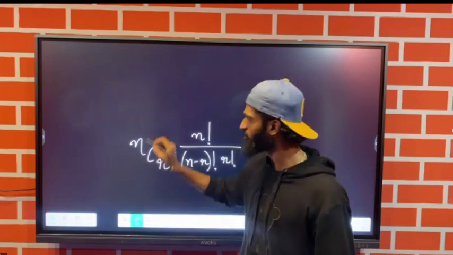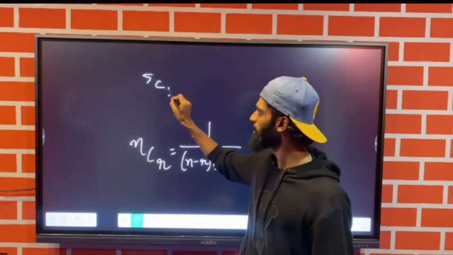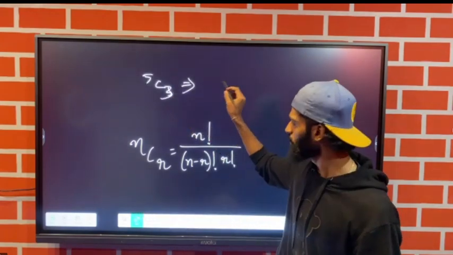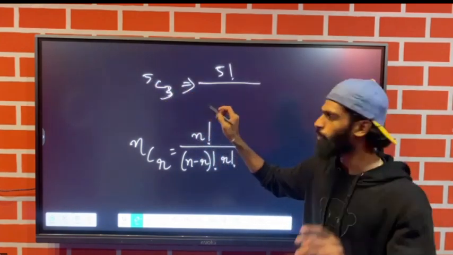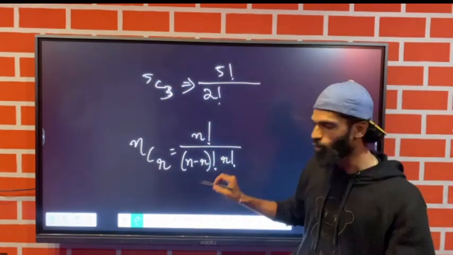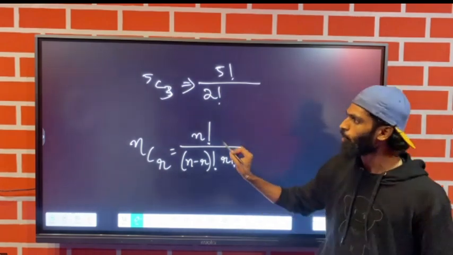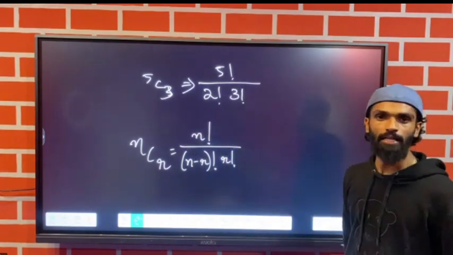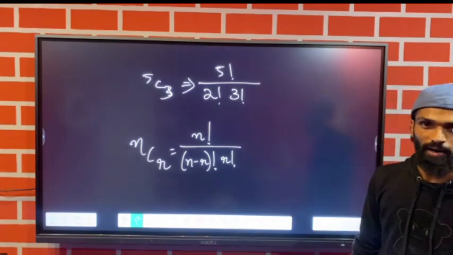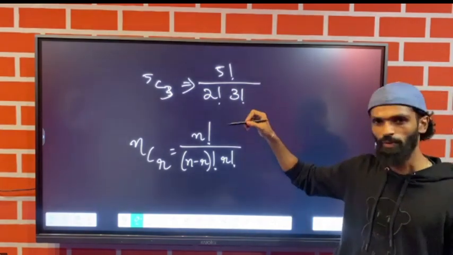Maybe I'll give 5C3. 5 factorial divided by 5 minus 3, which is 2 factorial, into R factorial. What is R in our question? 3. Therefore, we write 3 factorial. This is the form. Now see how smartly you should solve it.